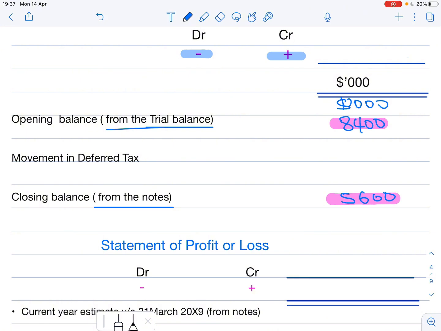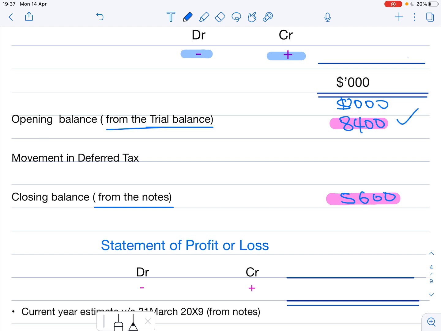If I can interpret this quickly, this is telling us that at the start of the year, the liability of Pricewell was standing at $8.4 million.